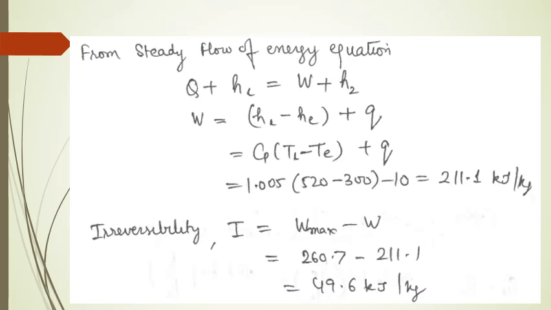So the actual work done comes out to be 211.1 kilojoule per kg. Here heat transfer is -10 as it is the heat lost. Now the irreversibility, which is equal to maximum work obtainable minus actual work, comes out to be 49.6 kilojoule per kg.